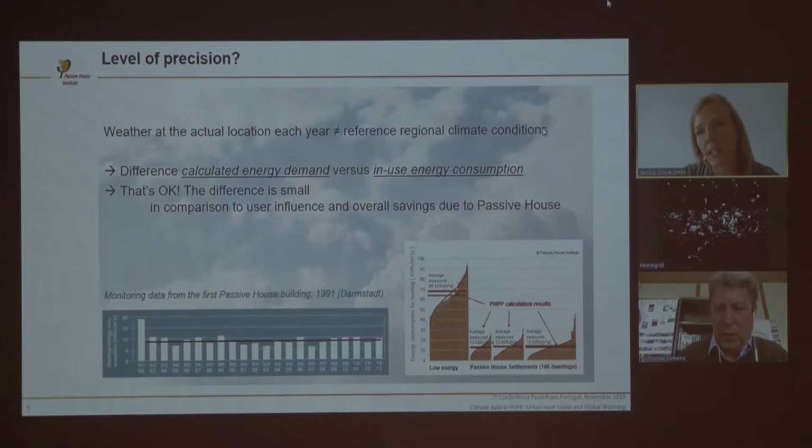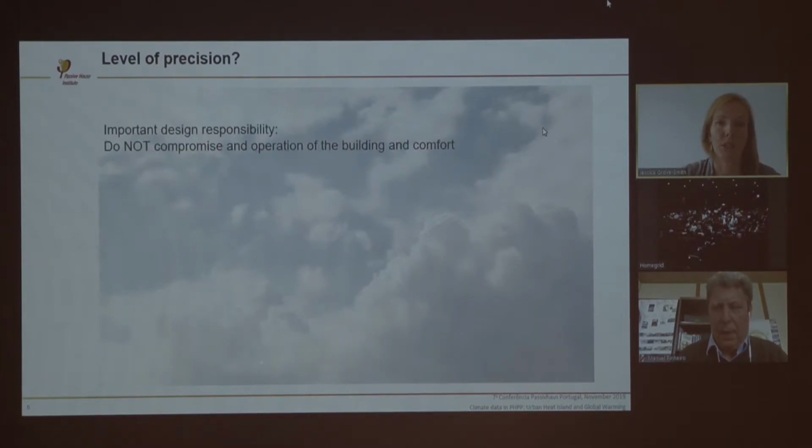On the right-hand side, in comparison, you see the savings between the low energy building on the left-hand side and passive house on the right-hand side. So these small variations on an annual basis by weather really don't play a role at all. What we need to make sure is that we have typical climate conditions that are representative for that specific location.